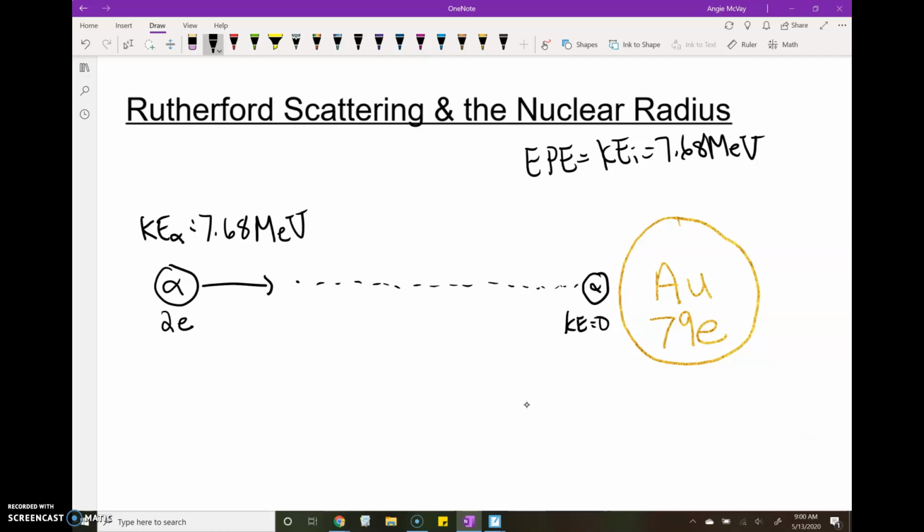And so that energy is equal to the initial kinetic energy, which is K times alpha's charge times the gold's charge over the radius.